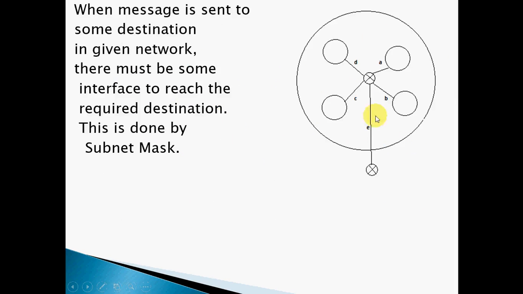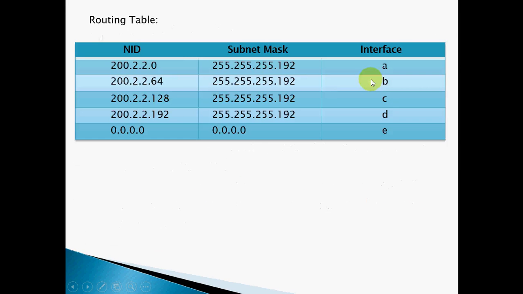In this configuration, the router is connected to 4 subnets, but the router also decides where to give the path for the incoming message. This is done by the routing table inside the router. The routing table determines to which network the incoming packet must be sent. It consists of network ID, subnet mask and interfaces.